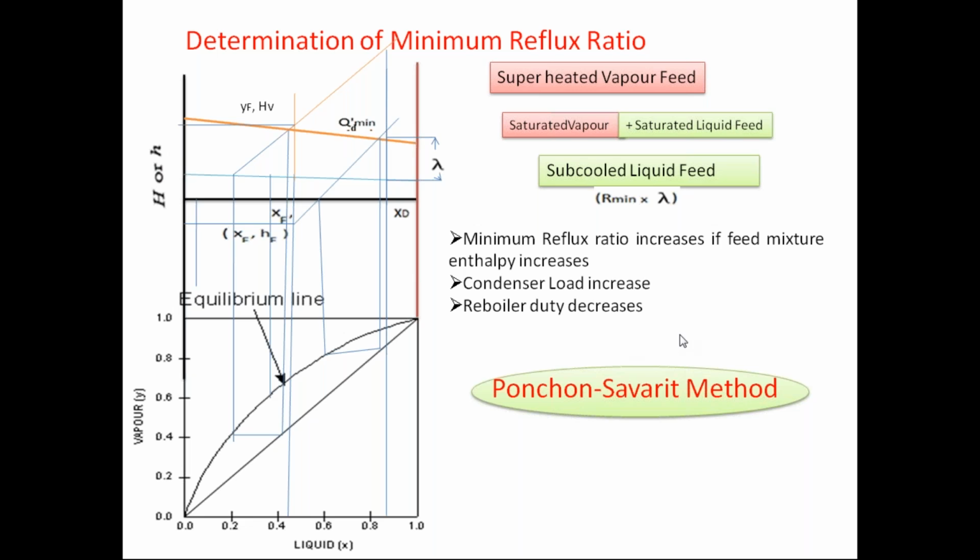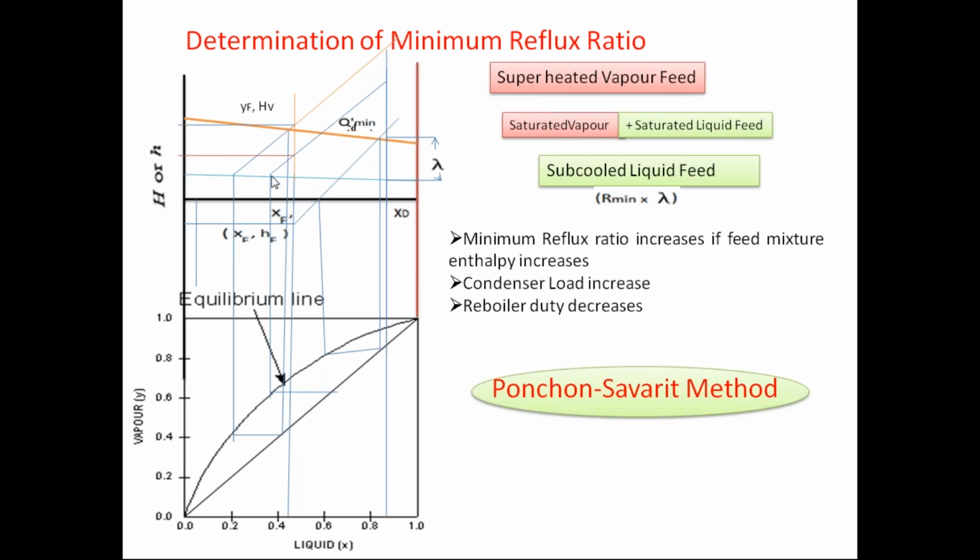Similarly, you can also say that if the feed point is falling here, when it is falling, you have to draw one line such that this point and this point should meet on the equilibrium line.